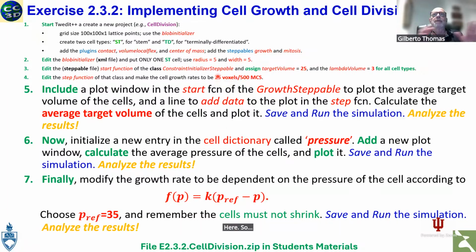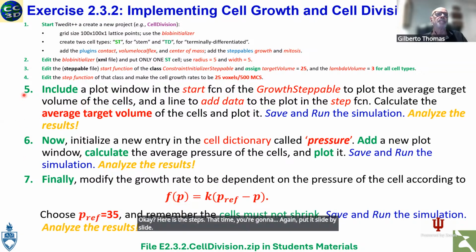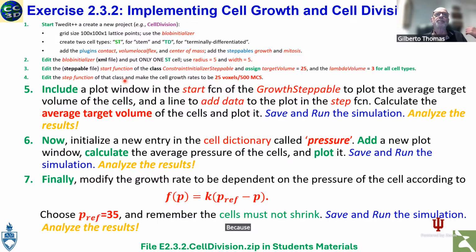So with the same simulation we had before, we are going to include now the influence of the pressure. Here are the steps, but I'm going to again go slide by slide, doing each one of steps 5, 6, and 7, because 1 to 4 are the same as we had before in the previous simulation.